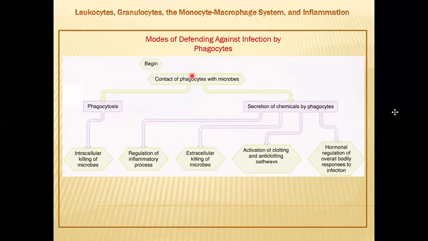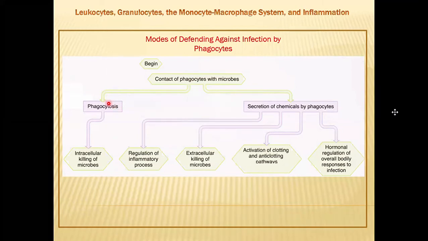So again, this is a schematic representation of how the body defends against infection by phagocytes. You start with an invading antigen or pathogen in contact with the phagocytes. The phagocytic cell, your macrophage or another phagocytic cell like neutrophils, will try to engulf that by way of phagocytosis.